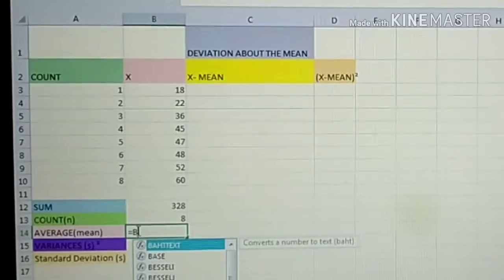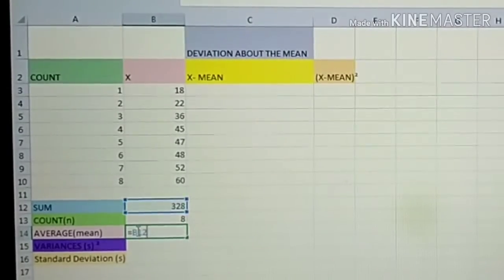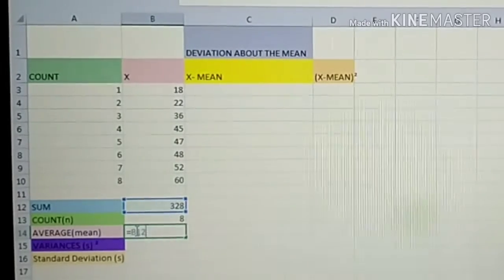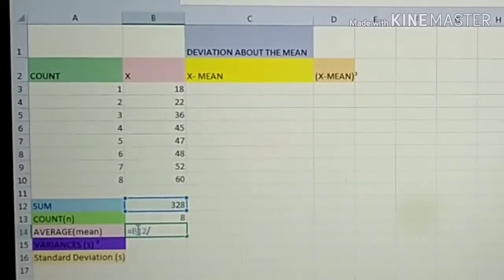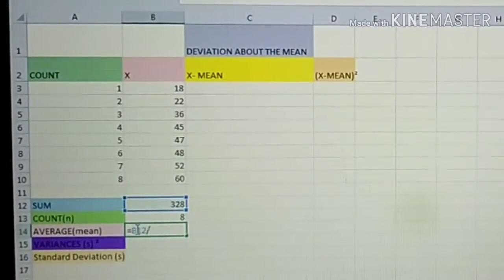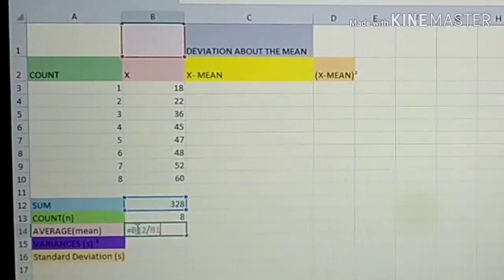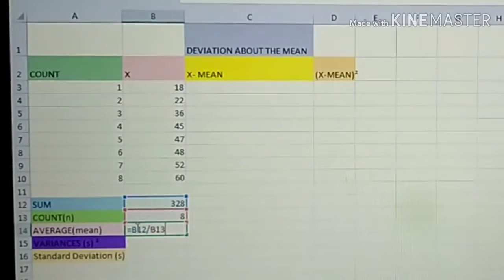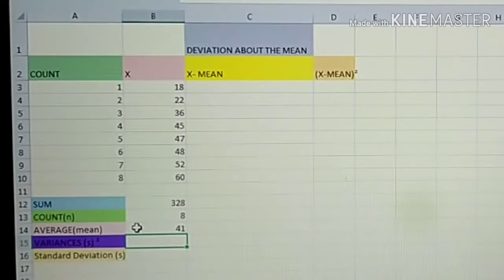So, the sum, B12, divide the B13. Then, enter. That would be 41.